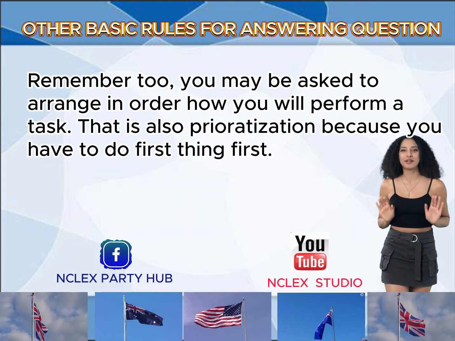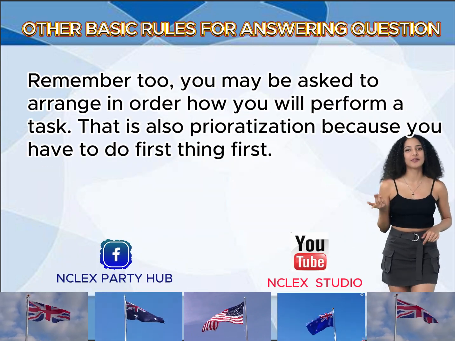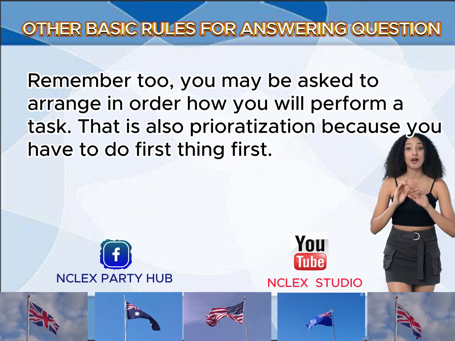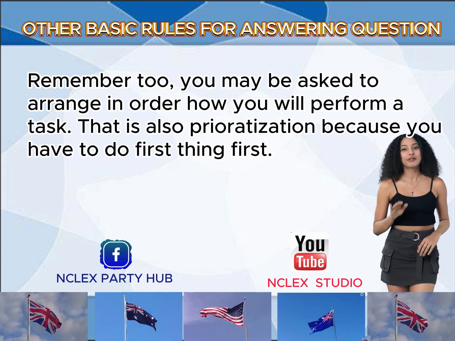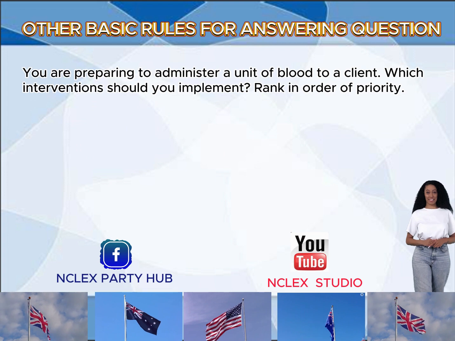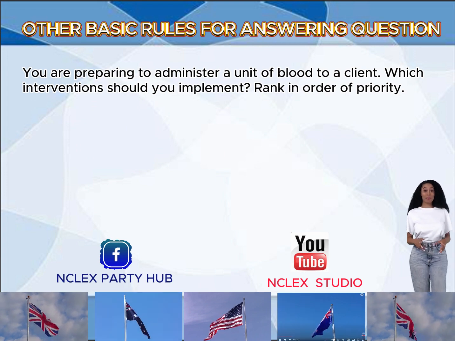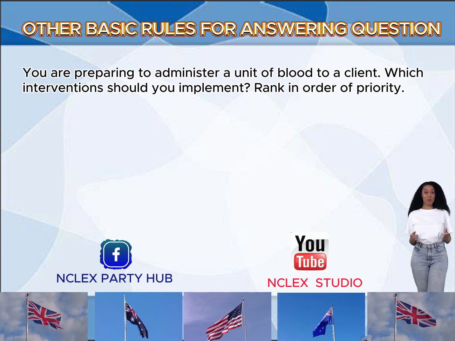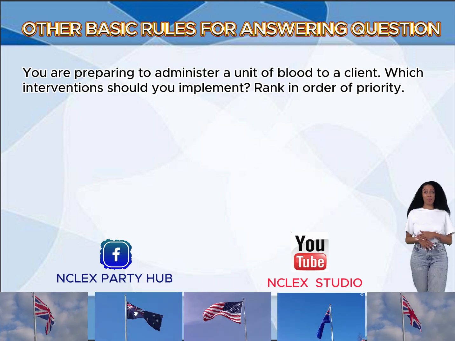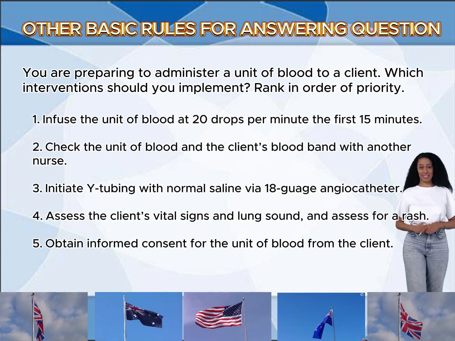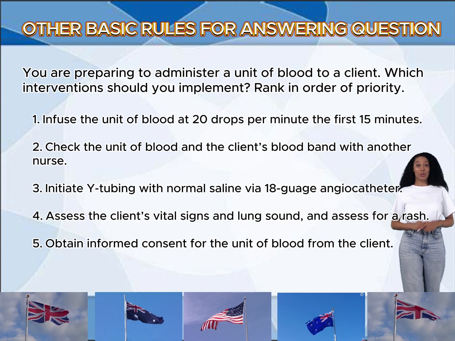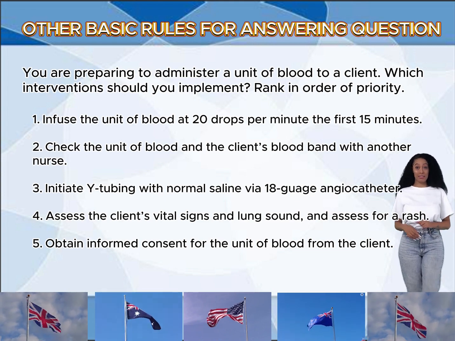Remember too, you may be asked to arrange in order how you will perform a task. That is also prioritization, because you have to do first thing first. Let's see the example below. You are preparing to administer a unit of blood to a client. Which interventions should you implement? Rank in order of priority. 1. Infuse the unit of blood at 20 drops per minute the first 15 minutes. 2.